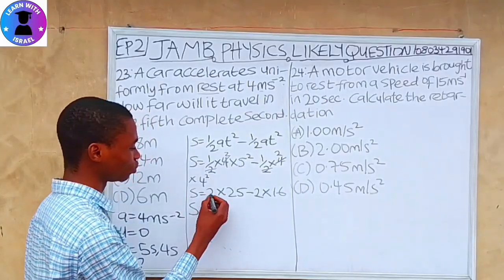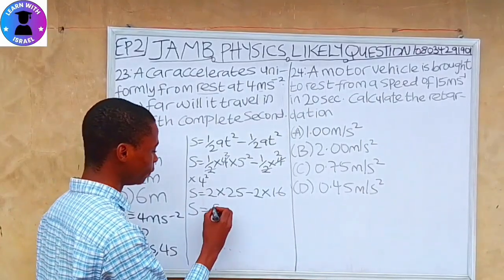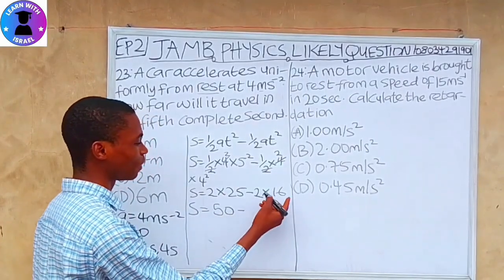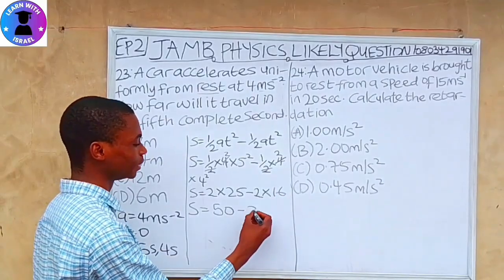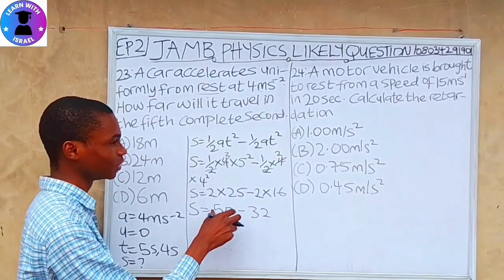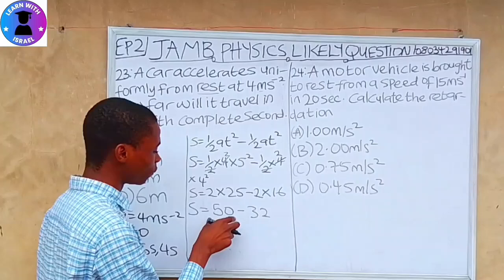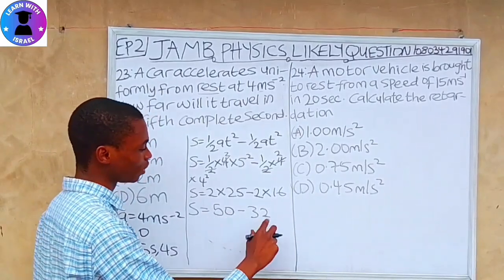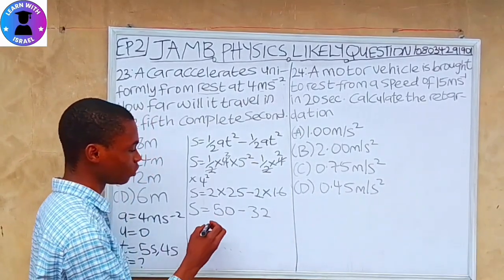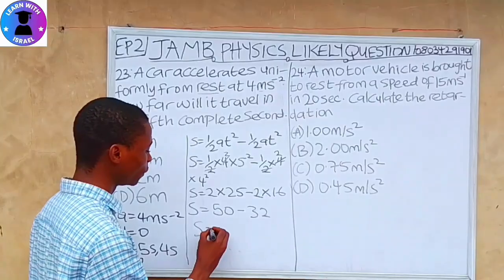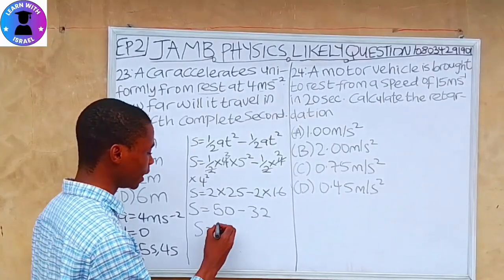So our distance equals 2 multiplied by 25, which is 50, and 2 multiplied by 16, which is 32. Now let's subtract the fourth second from the fifth second so we can derive our distance. 50 minus 32 is 18.